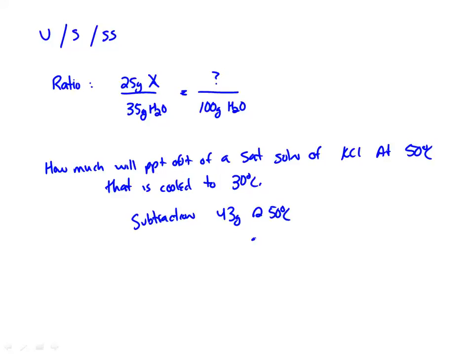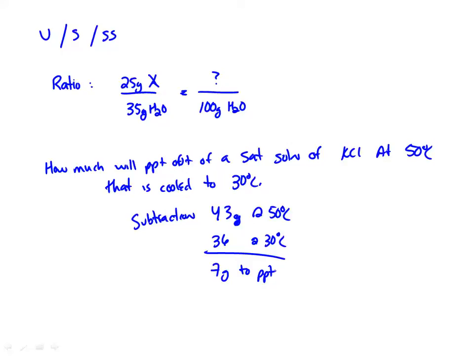KCl at 40 is more like 39. And KCl at 30 is about, say, 36. And so we would expect 7 grams to precipitate, right?